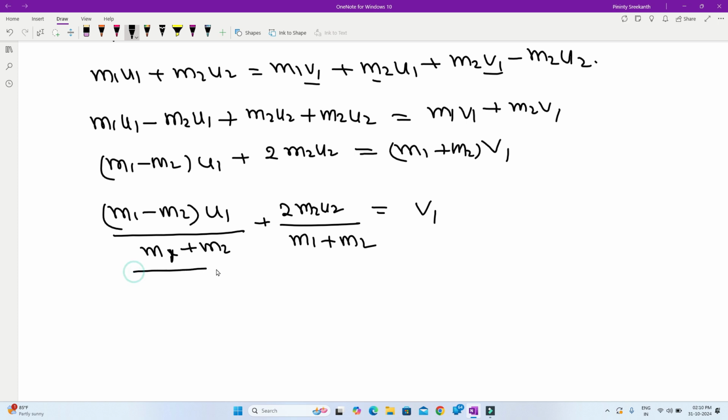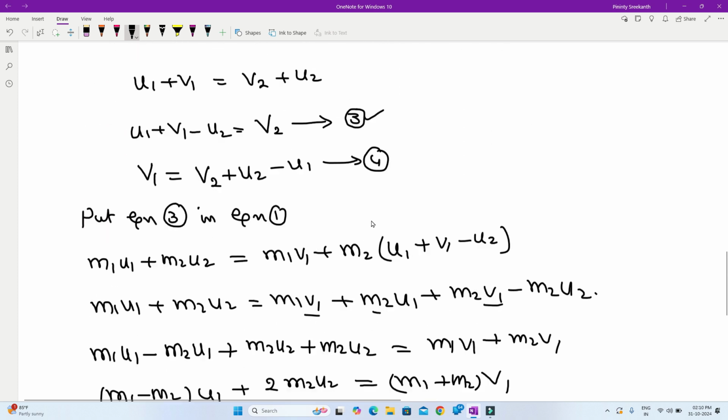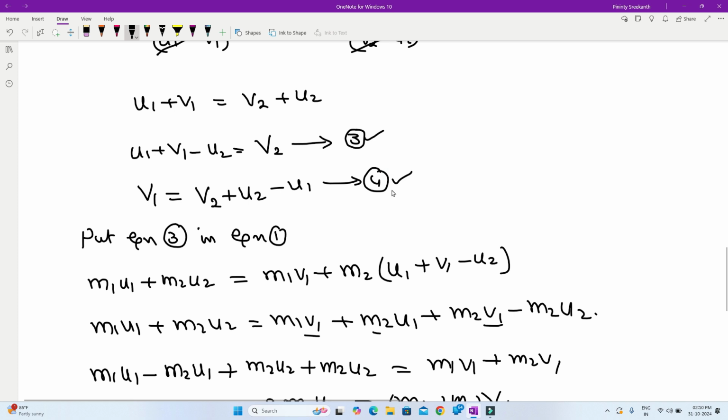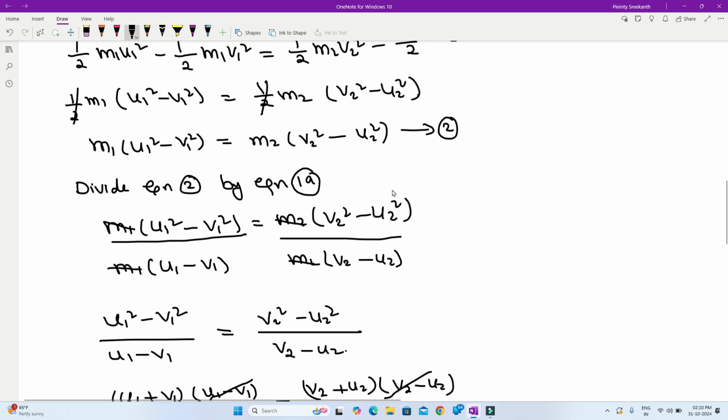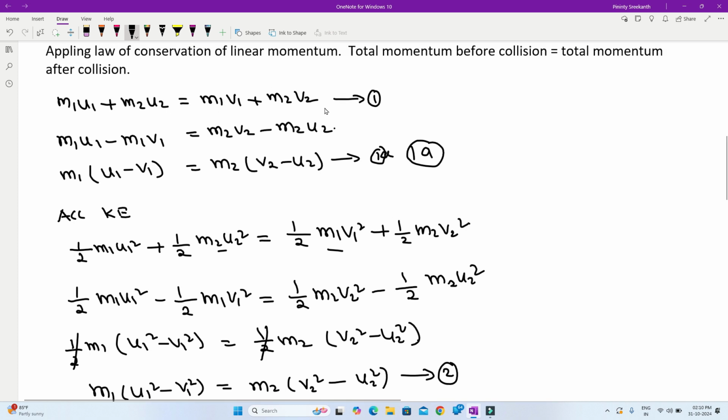This is the final equation of the first body. Now we have to put this equation 4 in equation 1. By solving we can get the final velocity of the second body.